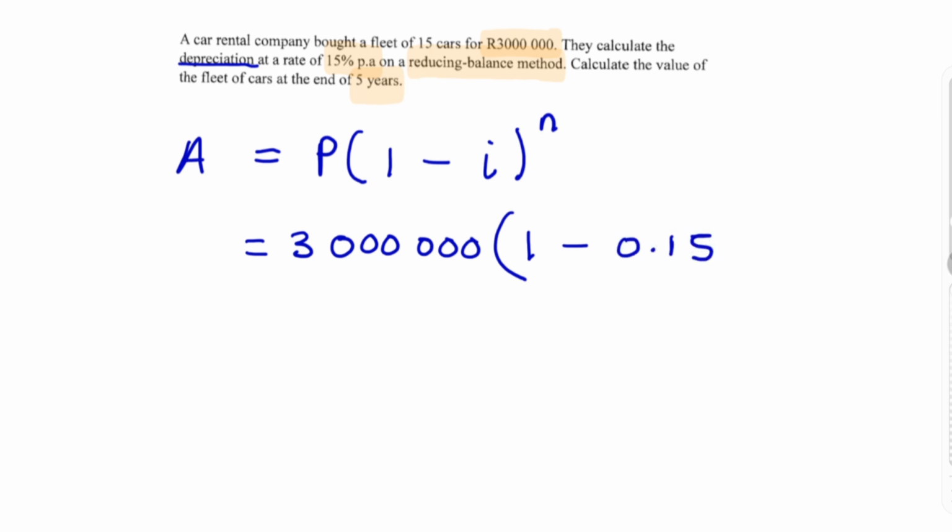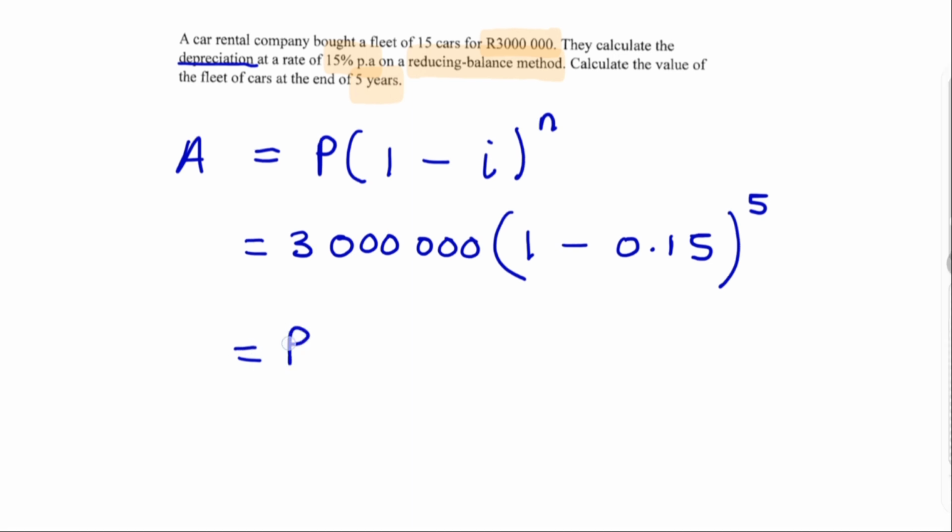And remember, it's per annum, so you're going to divide the interest rate by 1, which basically does nothing. And then for how many years? For 5 years. And then you should get an answer of 133,115.94 rands.